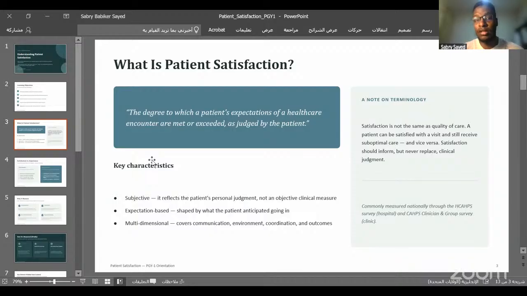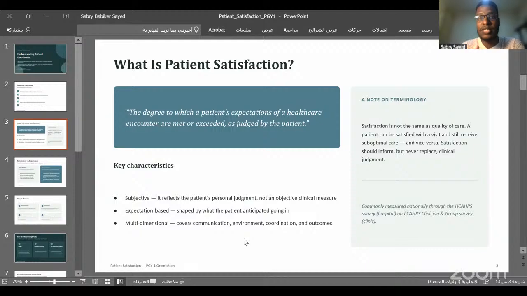But here the difference is only in the patient's perspective. So this might result in a different evaluation or different expectation from patients, and this will result in a different patient satisfaction eventually. So the key characteristic is that it is subjective, right?